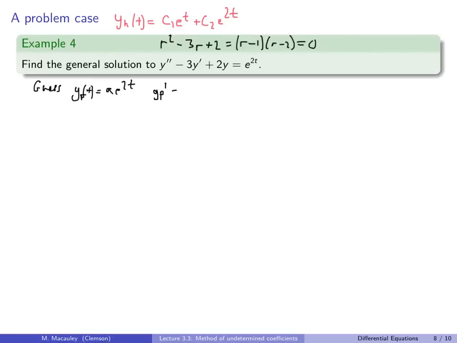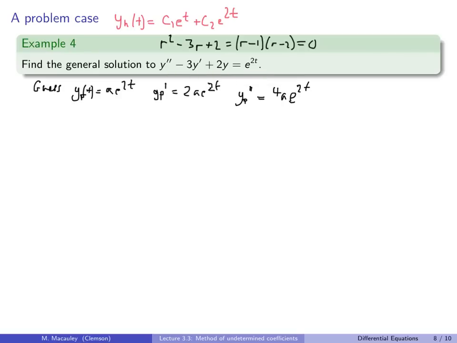y_p prime is 2a e to the 2t, and y_p double prime is 4a e to the 2t. So let's plug this back into here and see what we get.